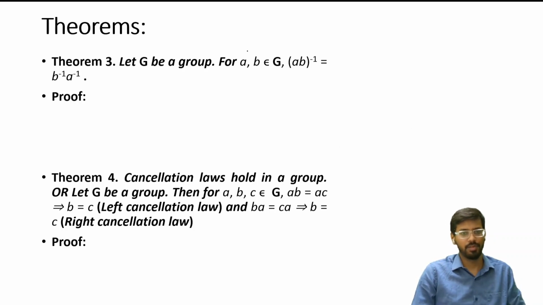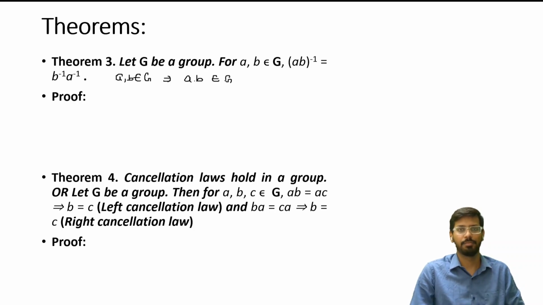So suppose A and B belong to some group G, that is given in our statement, then we can say A dot B will also belong to same group G by closure property, or we can say (AB) inverse will also belong to same group G by inverse property.